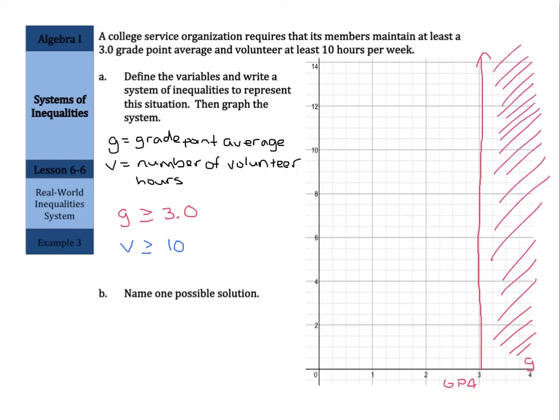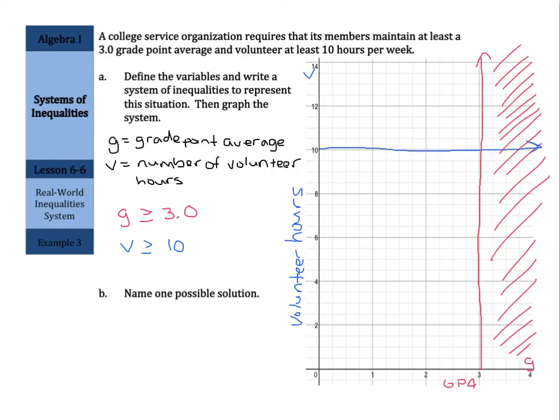What about our V is greater than or equal to 10? Well, we're going to draw here a horizontal line since our y-axis is going to be our volunteer hours. And once again, we'll draw a horizontal line across from 10.